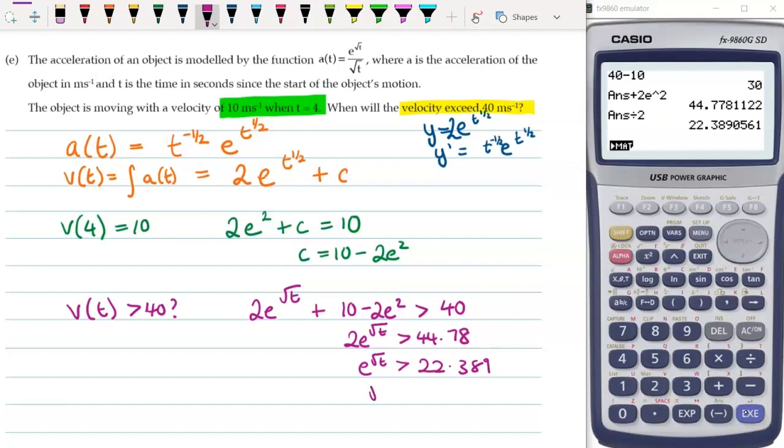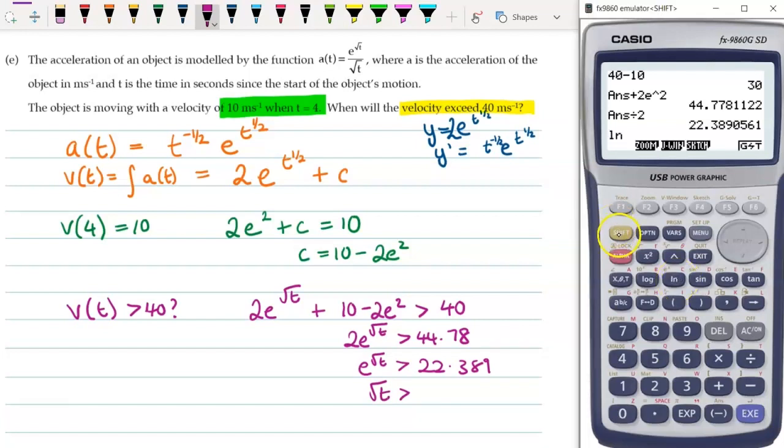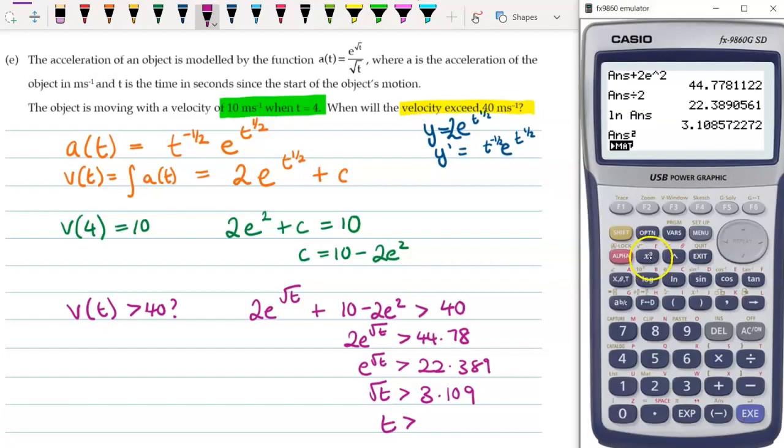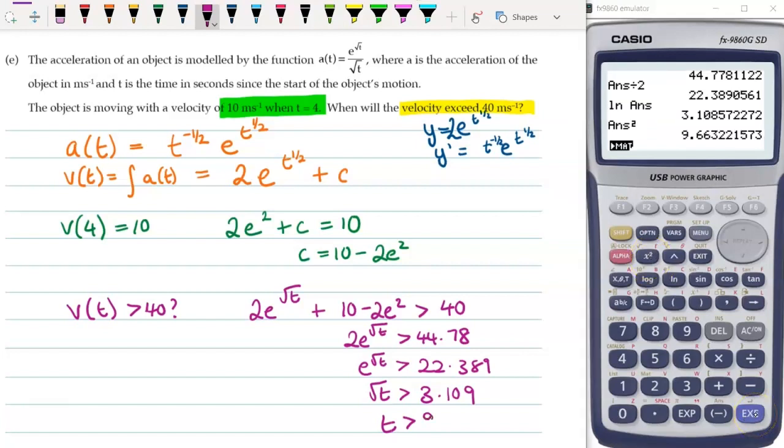So root t, taking log of both sides, has to be more than 3.109. So t, if we square that now, has to be more than 9.66. And we're measuring that in seconds.